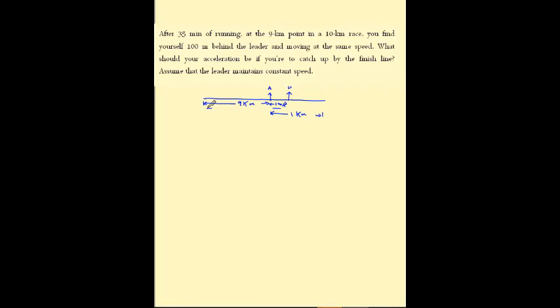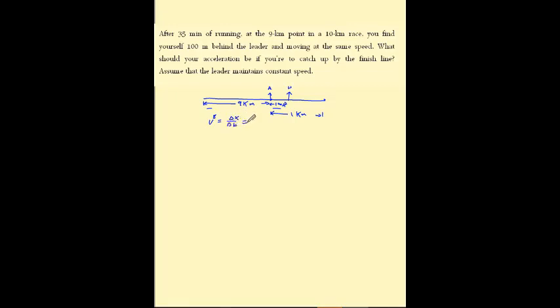We need to find the acceleration needed by you in order to catch up at the finish of the race. Now, in order to solve this problem, we need to find the leader's velocity. The leader's velocity can simply be found by using the definition of velocity, which is delta x over delta t.